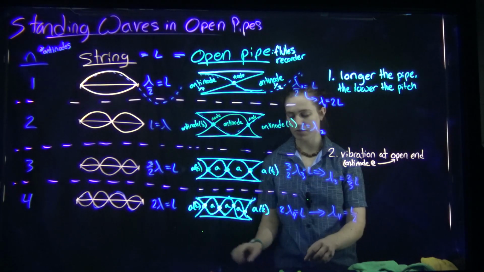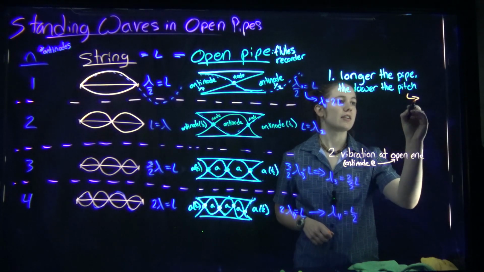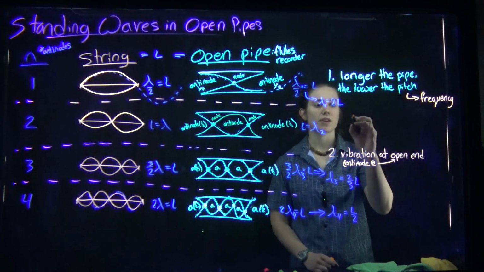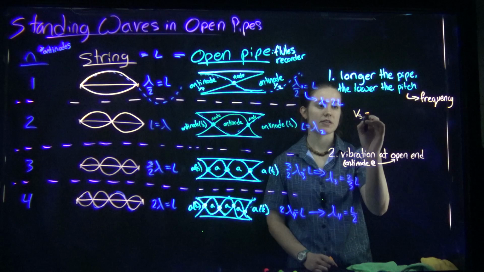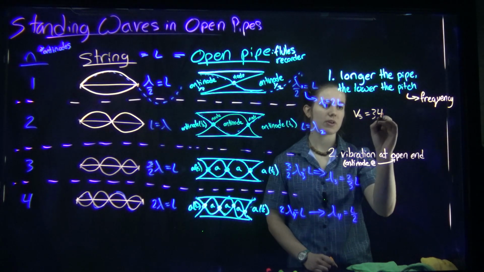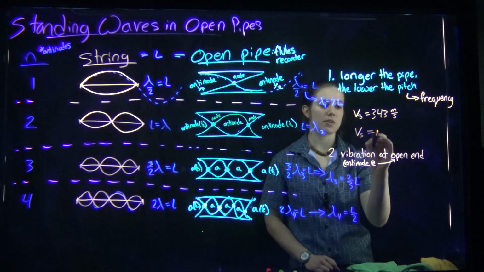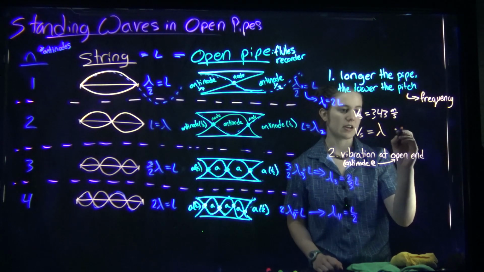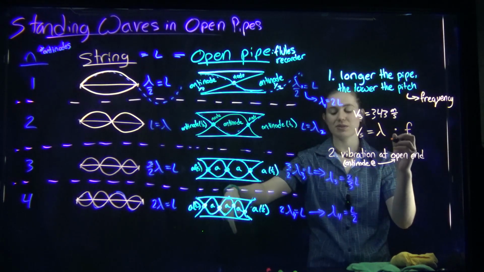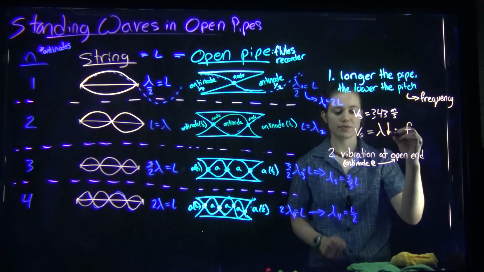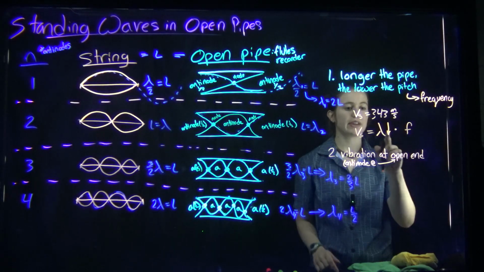Pitch has to do with frequency. So the speed of sound is 343 meters per second. It's also equal to lambda times f. As the number of antinodes increases, lambda goes down, right? We just saw that here.